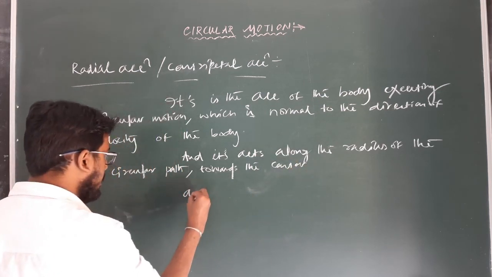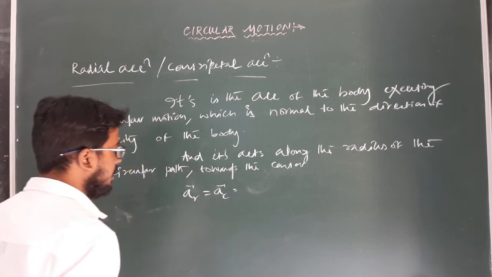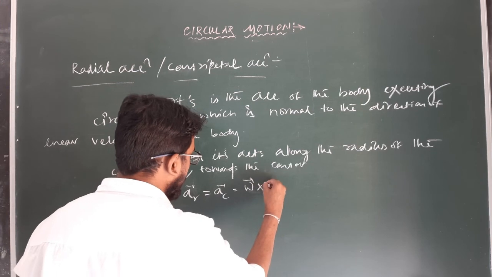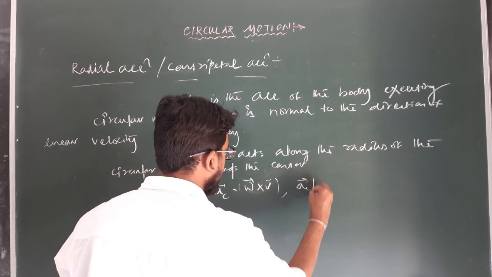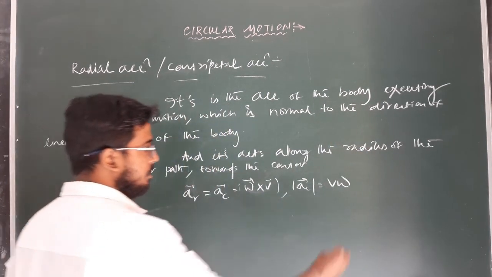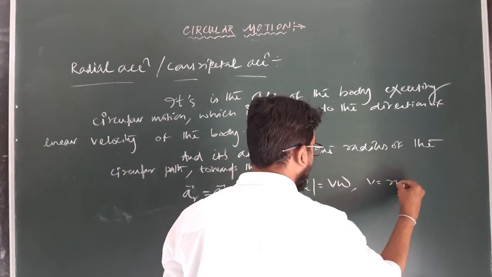Okay, and this is defined as radial, or this can also be known as centripetal acceleration, which can be defined in vector form as omega cross v, or its magnitude can be written as v omega. Clear? Or as we know, v is equal to r omega.